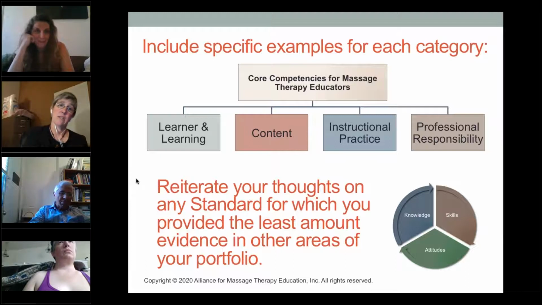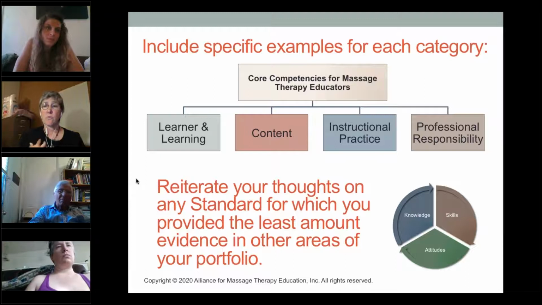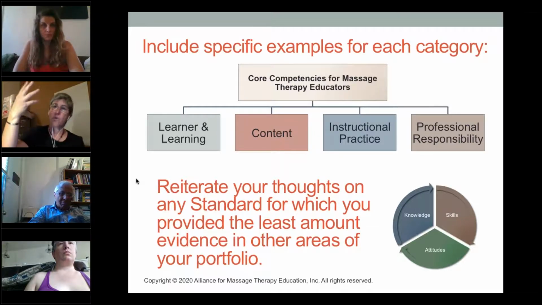So talk about your beliefs about learners and learning, and your thoughts on the content that you teach, and the way you deliver it, your different thoughts on instructional practice, and then how you feel about your professional responsibilities to your students, to yourself in your professional development, to the profession at large. What's your responsibility to massage education in general? You might want to discuss that. So you're just going to address those areas of the core competencies from your perspective, not from what you think we want to hear, but how do you really feel about this?